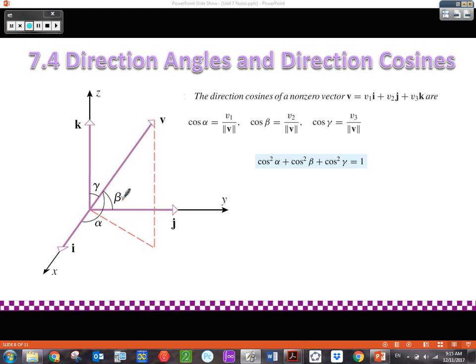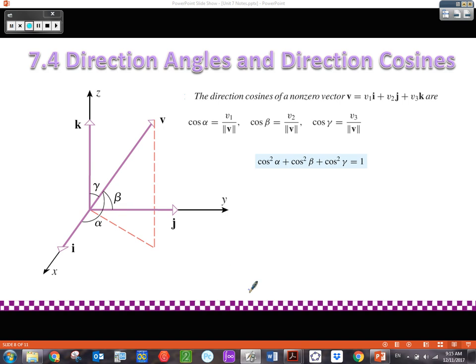See how we're kind of placing it in space? And lastly, this is gamma, which measures the angle between the z-axis and the vector. So alpha, beta, and gamma will place the vector in space for us.